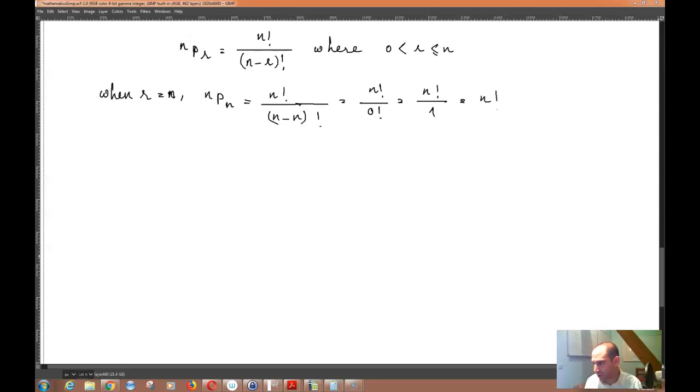Arranging no object at a time at all is the same as leaving behind all the objects, and we know that there is only one way of doing so. Thus we can say that n permutation 0 is equal to 1, which is equal to n factorial by n factorial, which is equal to n factorial over n minus 0 factorial.